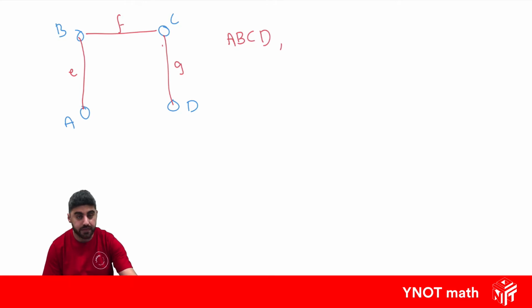I could just write the symbols along the edges as the walk, E to F to G. That'd be the same thing. Or I could write the vertices and the edges all together: A along E to B, along F to C, along G to D.